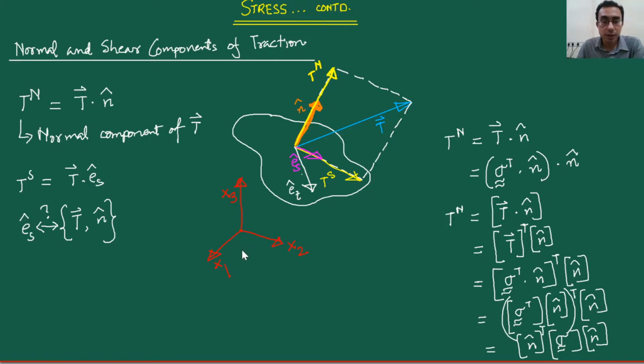So I'm changing it. The moment I change it, the original vectors, the physical meaning of those vectors, they do not change. However, the mathematical representation as far as the various scalar components, the t1, t2, t3, the n1, n2, n3, they are going to change. Okay. Now, this is very important.